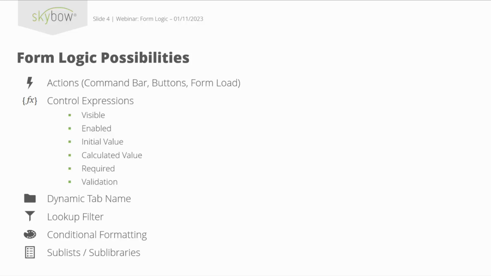Is there one item, two items, or just 0? And 0 means you don't have to go there because there's nothing. That's one of the use cases for a dynamic tab name. I can show you in the demo afterwards.